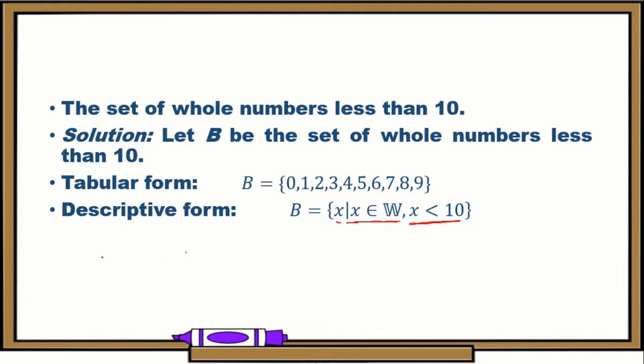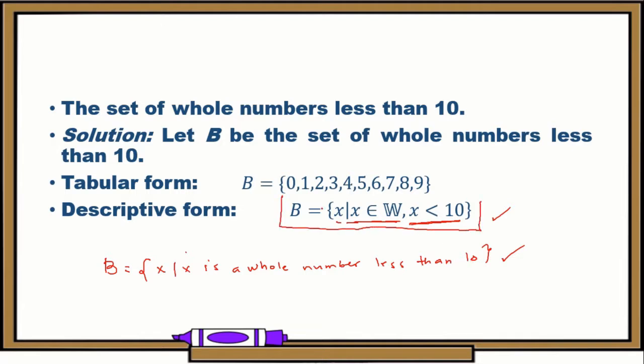Okay, if we are going to write this using an English sentence, this will be B is equal to, haba kasi, x such that x is a whole number less than 10. Okay, both of these are correct, but in Logic and Set Theory, we prefer to use set builder notation, purely symbols lang. So please try to learn how to use symbols.